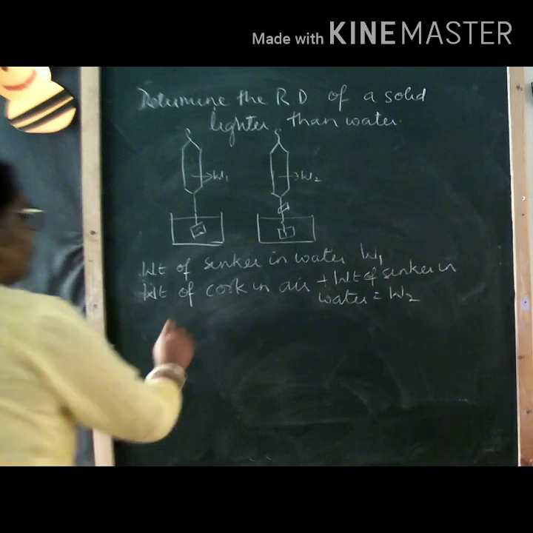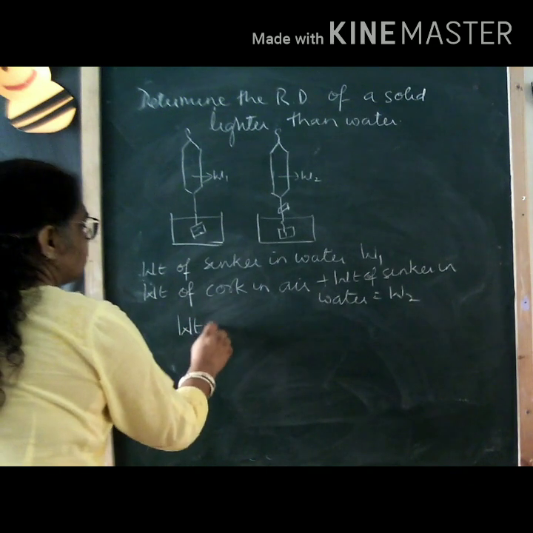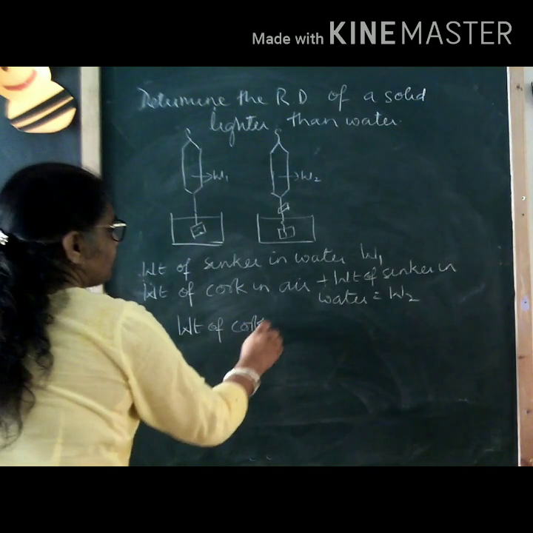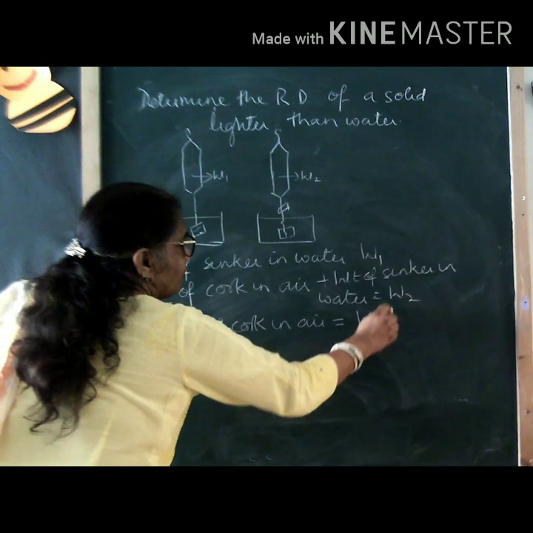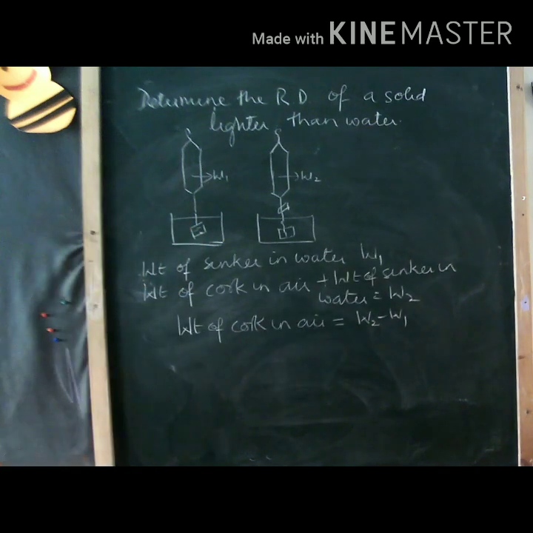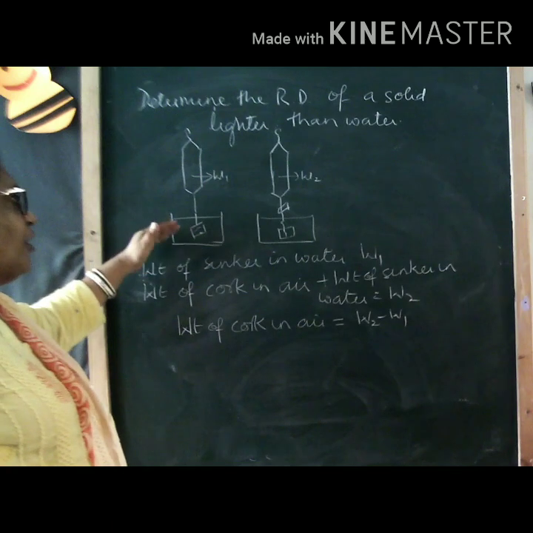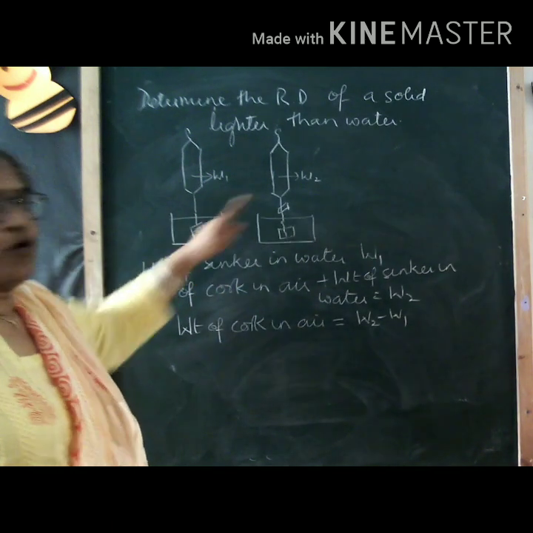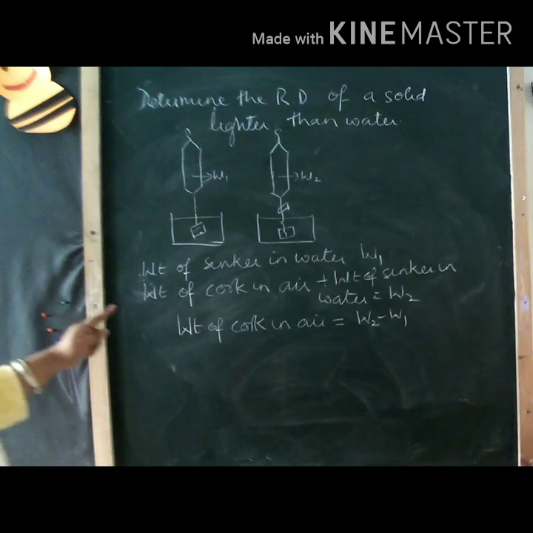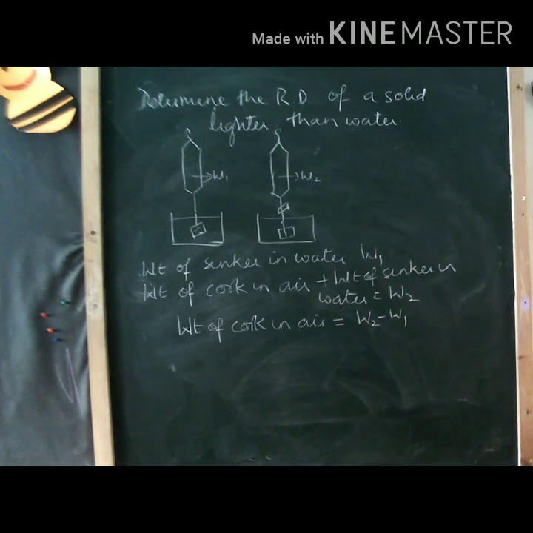That means if I want to find the weight of cork in air, it will be W2 minus W1. I hope this is very clear to all of you. We have taken a sinker, we have found its weight in water. The sinker is still in the water, but we have put a cork in the air. Now, when we subtract these two, we get the weight of the cork in air.